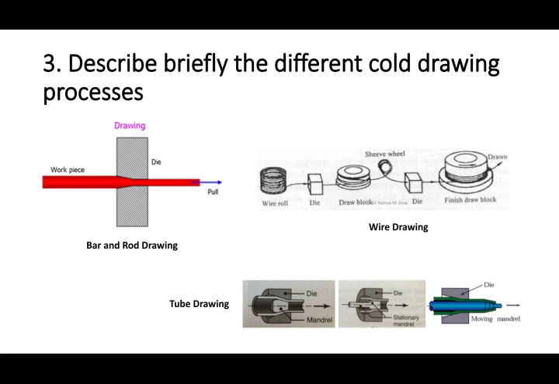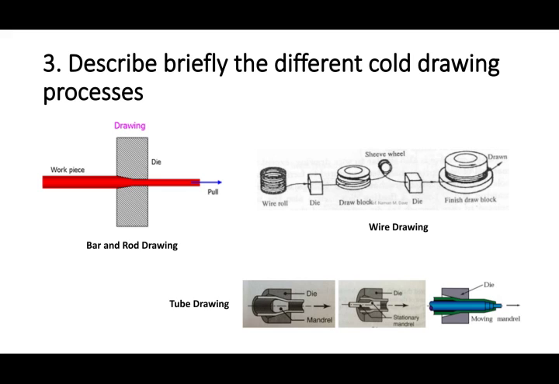Next question, describe briefly the different cold working processes. We can describe the different cold working processes as bar and rod drawing, wire drawing, and tube drawing. In case of bar and rod drawing, the material is pulled against the die so as to get a bar or rod.